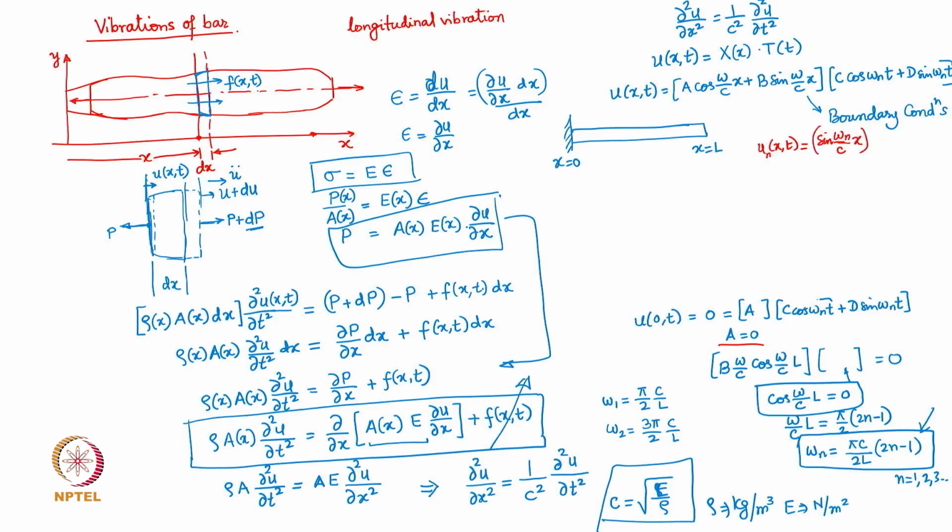That is basically the mode shape because B is not 0, and then of course you have C_n cos omega_n t plus D_n sine omega_n t.